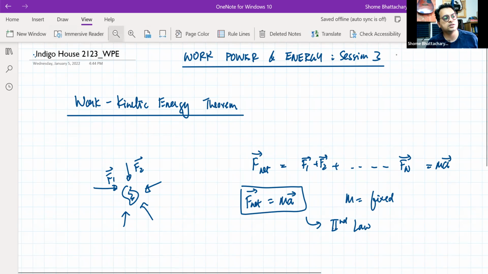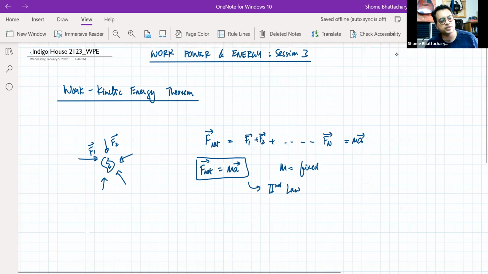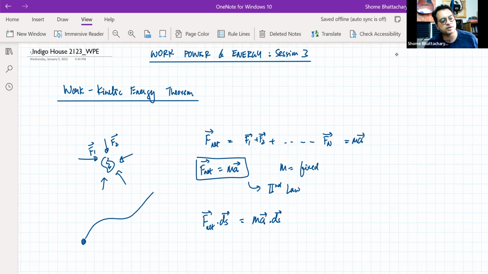Now, for such a moving object, if we take dot product with ds on both sides, we get this kind of a relation. So now imagine a body is going on some kind of path like this, or a particle is going on some kind of path like this.